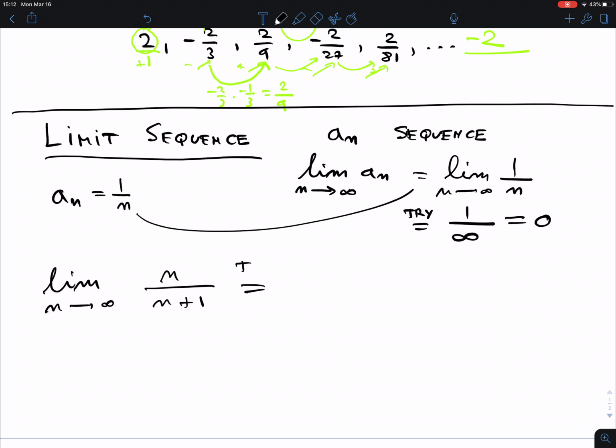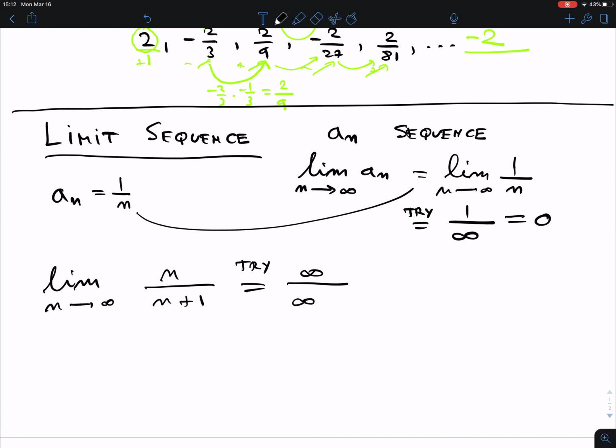As always, try to plug in infinity. You get infinity over infinity plus 1, which is also infinity. Now remember, this is an indeterminate form. We have talked about this already. There are several techniques we can use.